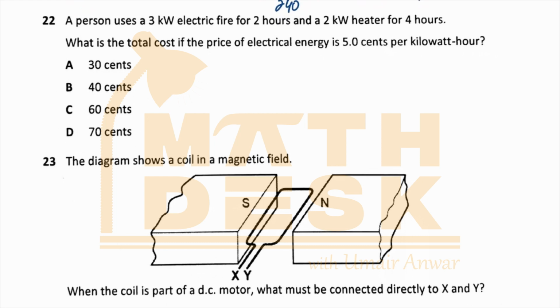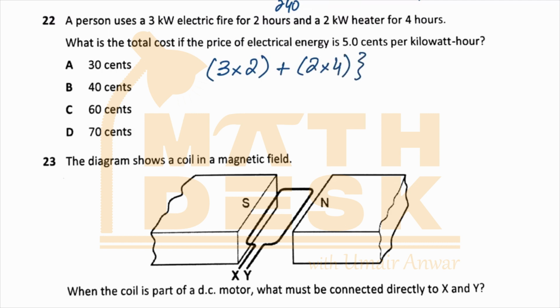The next part says a person uses a 3 kilowatt electric fire for 2 hours and a 2 kilowatt heater for 4 hours. What is the total cost if the price of the electrical energy is 5 cents per kilowatt hour? So the total electrical energy used would be 3 kilowatt multiplied by 2 hours plus 2 kilowatt multiplied by 4 hours.